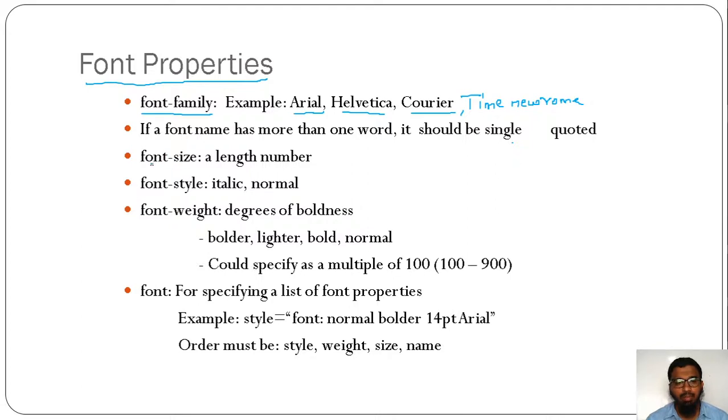Next, font size. A length number, any number. And font style will be there. Do you want italic or normal? Or font weight, the degree of boldness, meaning how dark it is: like this dark or a little bit dark.